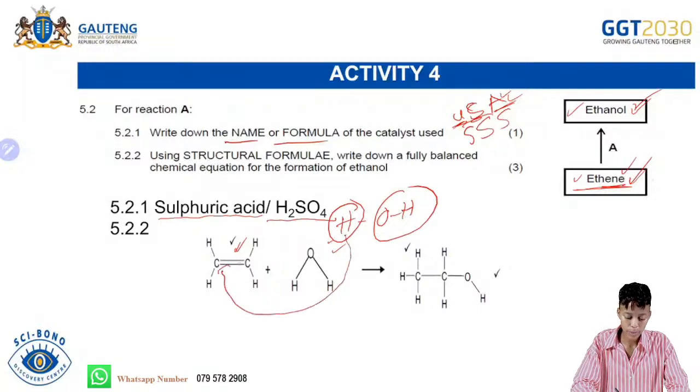The hydrogen will have to attach to one of the carbons, and your OH will also attach to the other carbon. So this is how you would represent your structural formula where you move from your ethene to your ethanol. And again, remember we said this type of reaction is called hydration. Why? Because it is the addition of your water there.